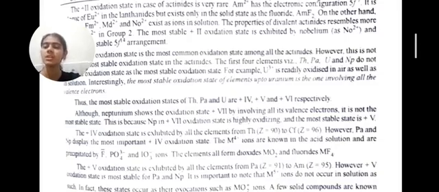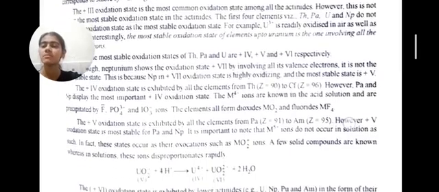The elements all form dioxides and tetrafluorides. The +5 oxidation state is exhibited by all the elements from Z = 91 to 95. However, the +5 oxidation state is most stable for Pa and Np.